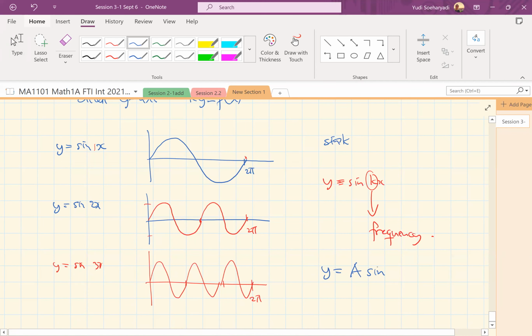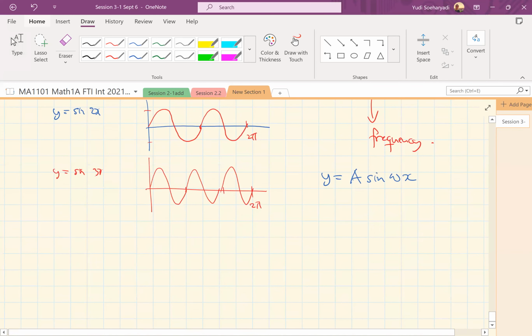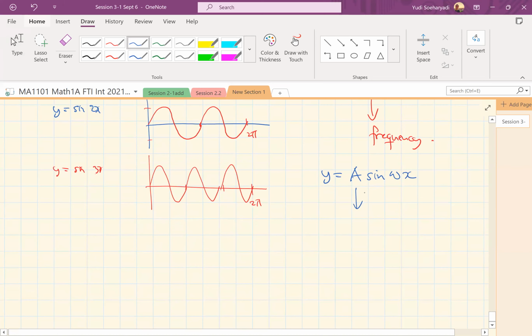A sine, sometimes you call it omega x. What is A? It is amplitude. Right? This is frequency.